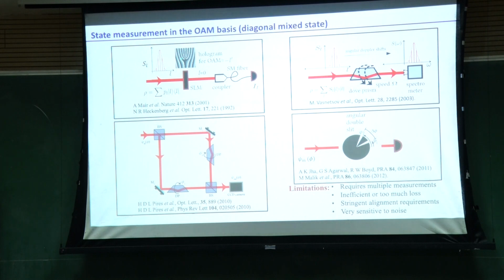By changing the hologram for different L, you can get the content of that particular L in the input field. This is the most common way of doing it.